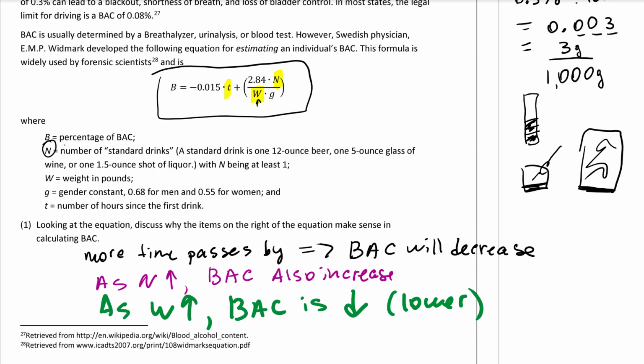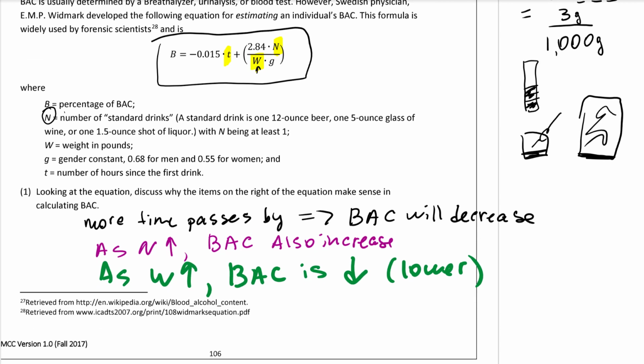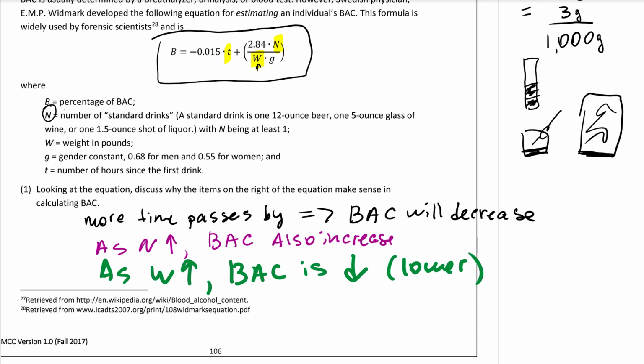And then the most surprising one in this formula is the presence of the gender constant. If you look at the numbers, it's 0.68 for male and 0.55 for female. So the constant is higher for male, biological gender. How come?